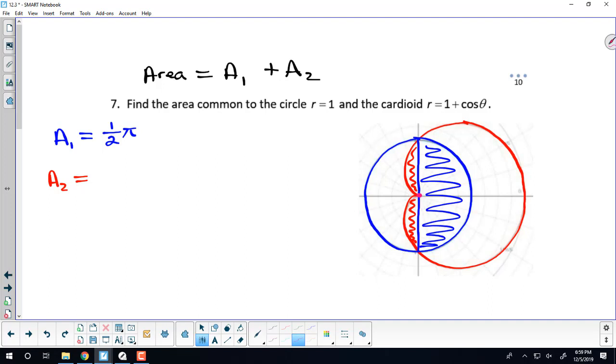Here's the pole. To describe this area, our rays have to go from there to there, which would be from a theta value of what to what? Pi over 2 to pi.